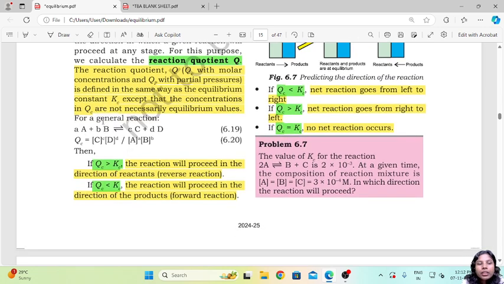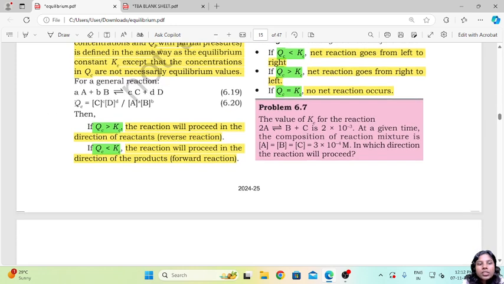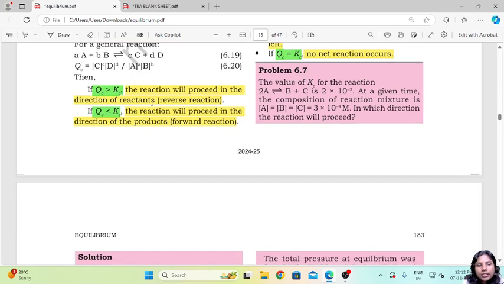For example, say we have a general reaction of aA plus bB giving cC plus dD. The small a, b, c and d are the stoichiometric coefficients. So Qc will be written exactly the same way as we write Kc: product of concentrations of products upon product of concentrations of reactants.